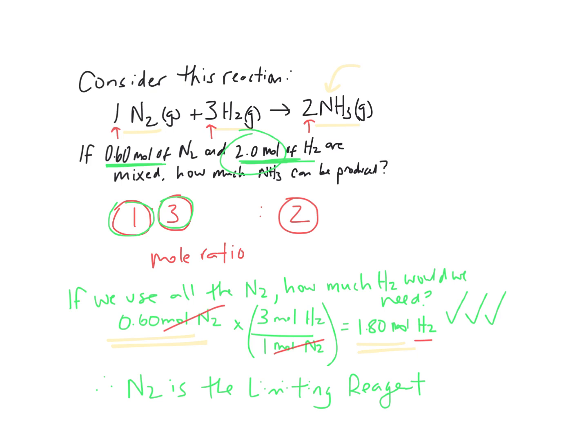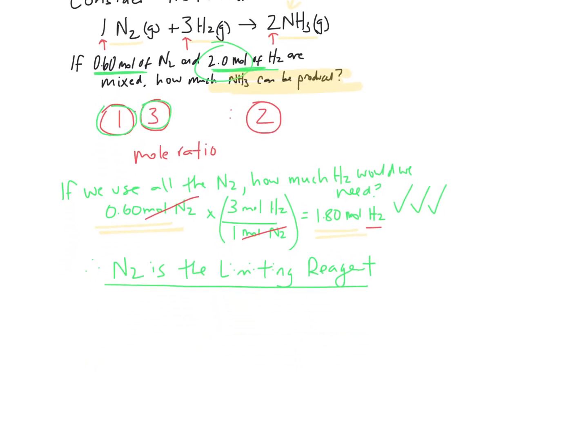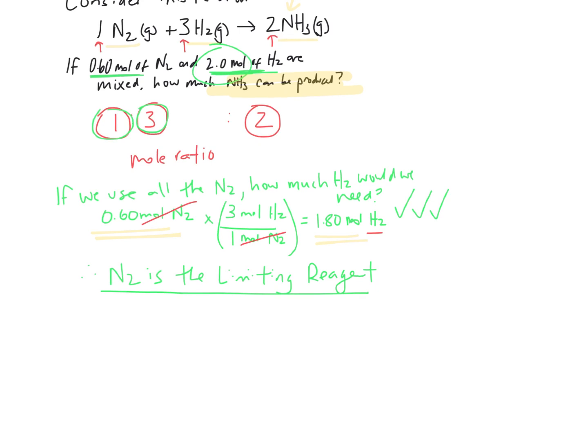So now we can use N2 as the limiting reagent to actually answer the question that's been asked, which is how much NH3 can be produced. So we're going to figure out how much NH3 can be produced based on that amount of N2. If we want to consider how much is properly going to be made, we've got our 0.6 moles of N2.